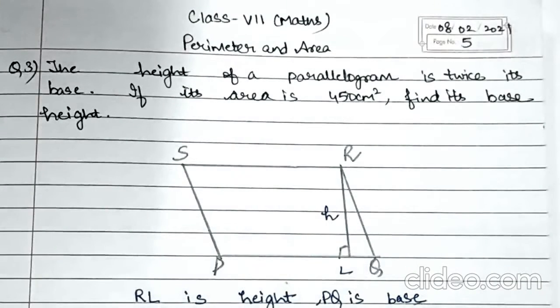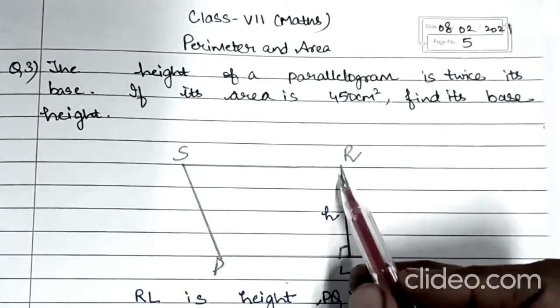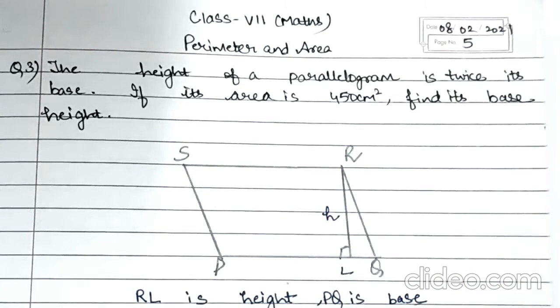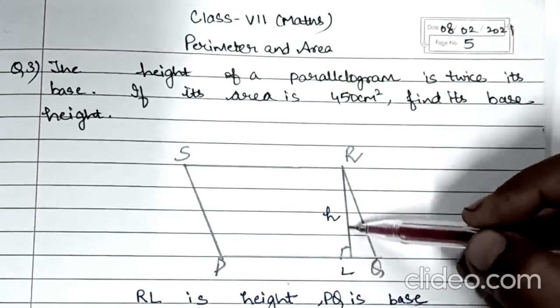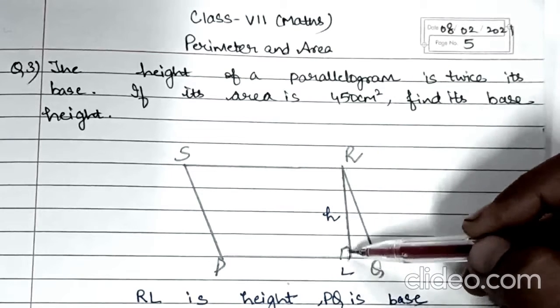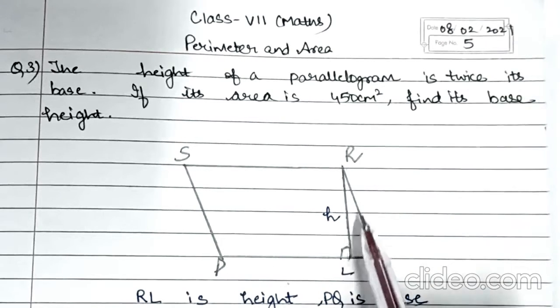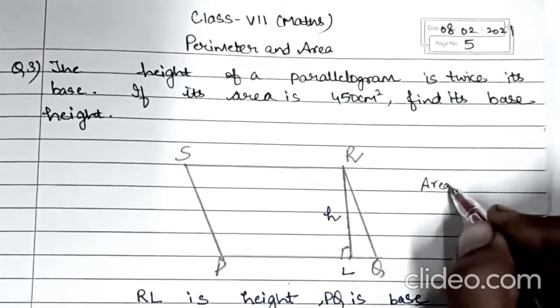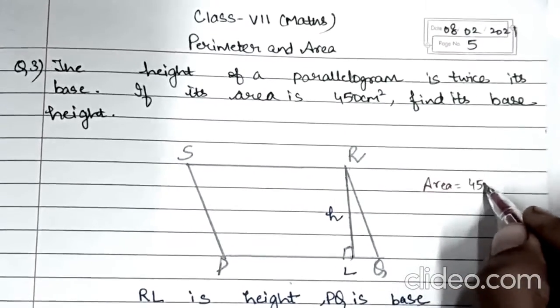The next question is, the height of a parallelogram is twice its base. Now we have a parallelogram PQRS. This is the base of the parallelogram and this is the height of the parallelogram. Now the area of this parallelogram is 450 centimeter square.